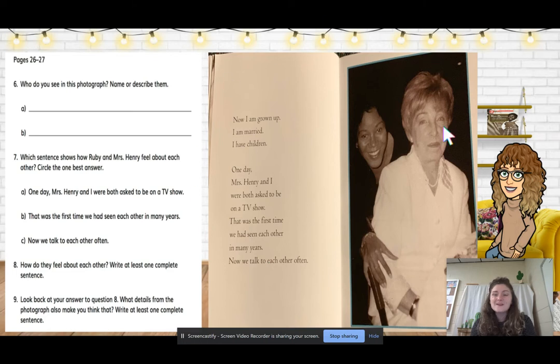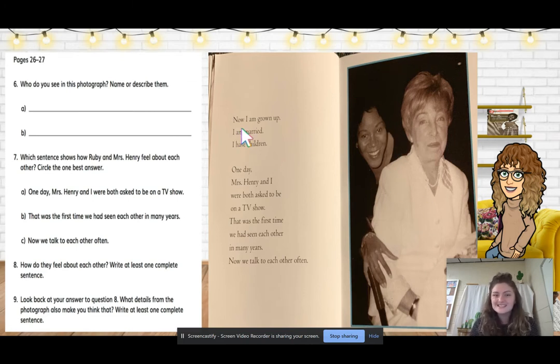All right, and now we are looking at these 2 pages in the text. We are going to focus on the photograph first. So, who do we see in this photograph right here? Who are these 2 ladies in the photograph? Tell me in the puzzle. So, these 2 ladies are grown up Ruby Bridges and an older Mrs. Henry.